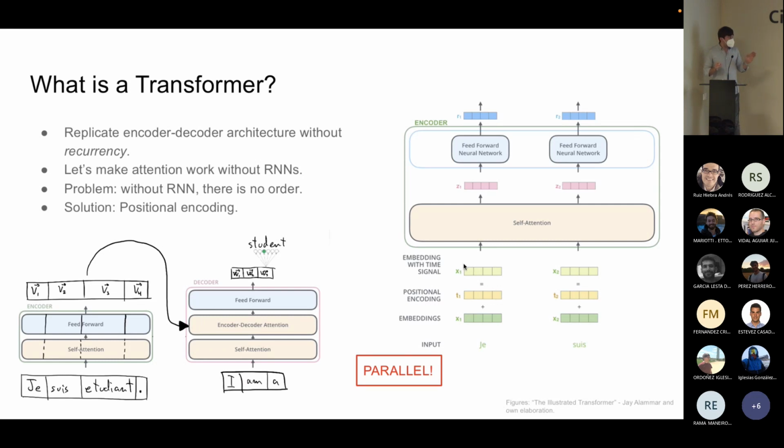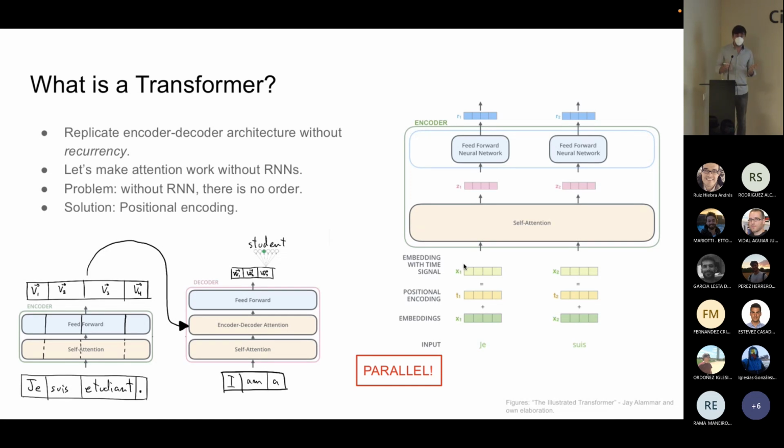RNNs have also another problem. Apart from the bottleneck that we just solved with attention, they are inherently sequential. For computing the third word, we must have computed the second and the first, because the representation of the third word depends directly on the representation of the second word.